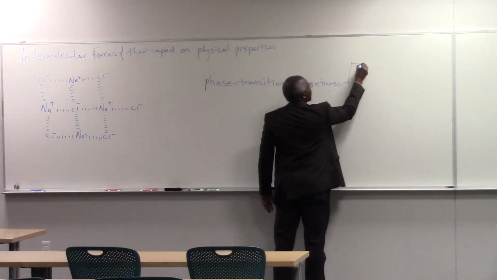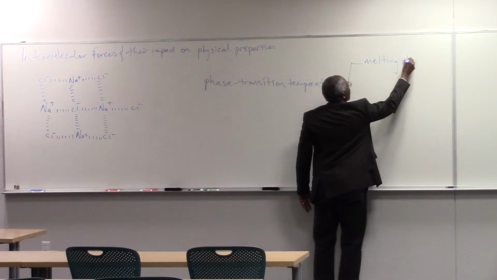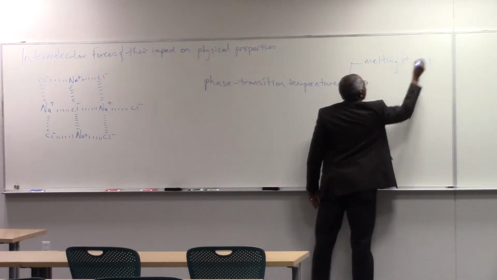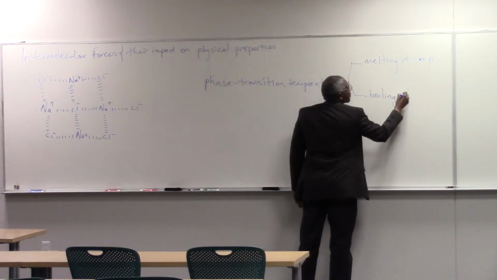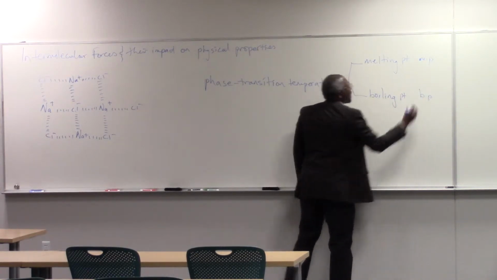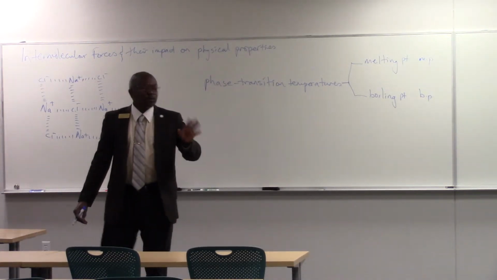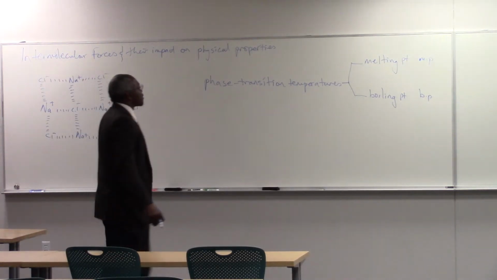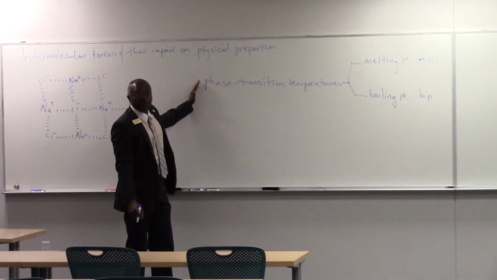We're looking at the melting point, right? The melting point and the boiling point, the MP and the BP. Now, there are also the sublimation temperatures, which we're not going to really consider for much of the discussion. So one of the things we're going to look at is melting point and boiling point.